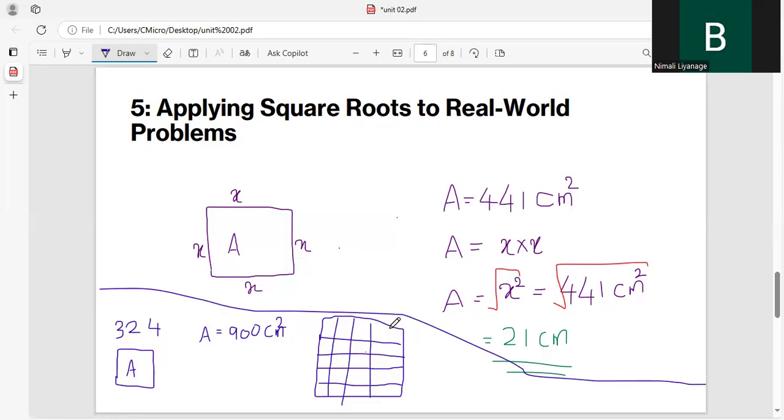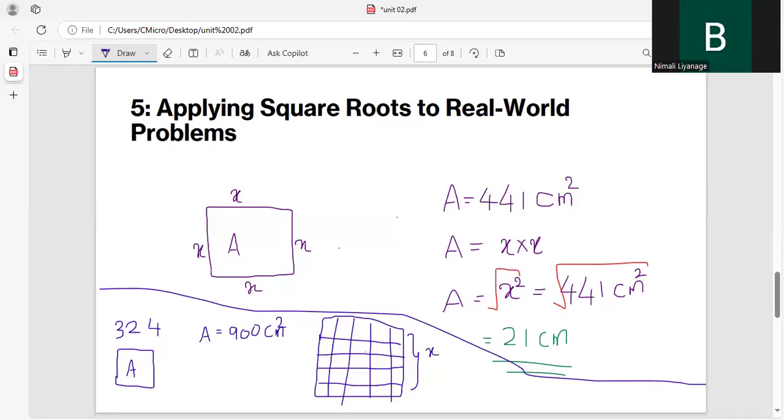They provide that this courtyard consists of 324 tiles, and the area of one tile is 900 square centimeters. So they ask to find the length of one side of the courtyard. Let's assume it's x. So what's the x? What's the length of one side of the courtyard? How to find this?